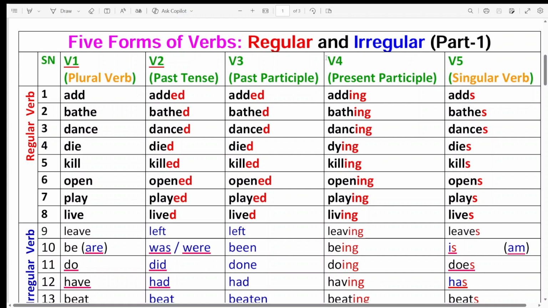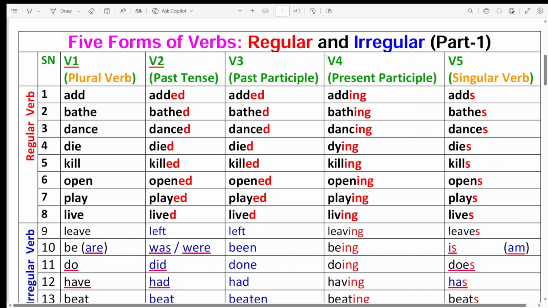Because when we add S to verbs, they become singular. And without S, base form, they are what? Plural. You know very well. We discussed this in our supporting topic. So let's practice.